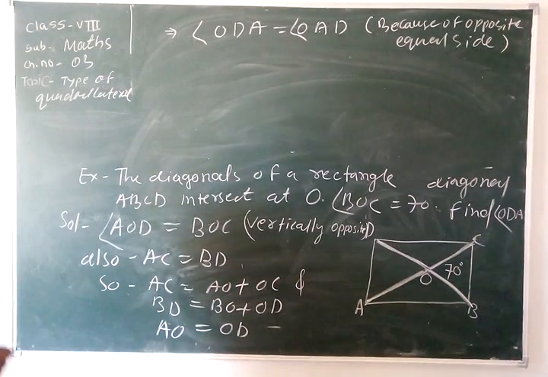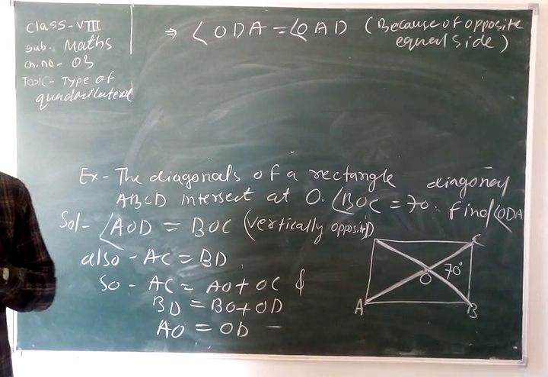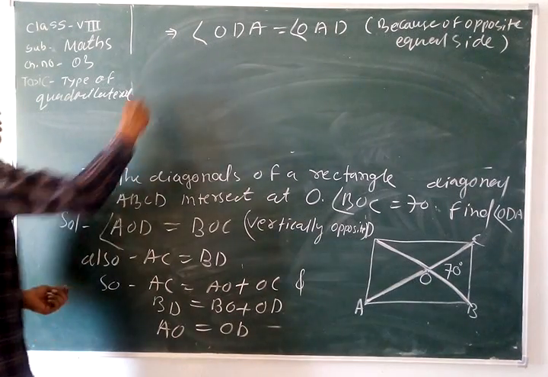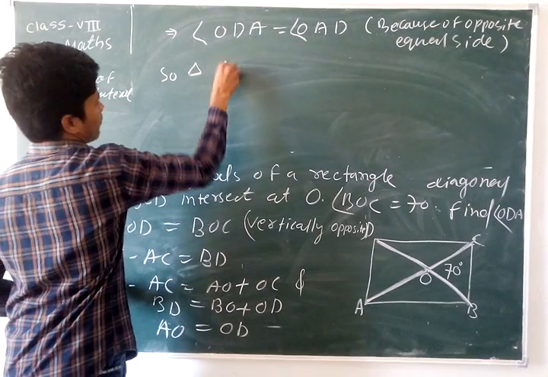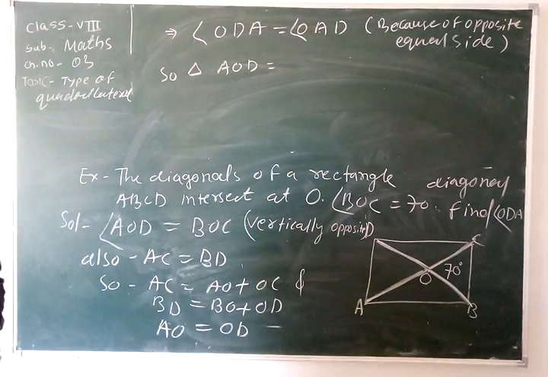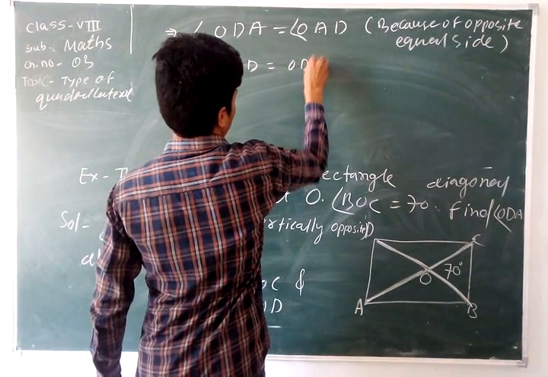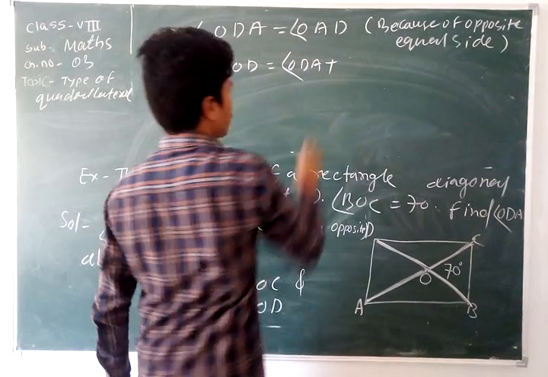The sum of the interior angles of a triangle is 180 degrees. So triangle AOD equal to ODA plus OAD plus AOD. See the rules.